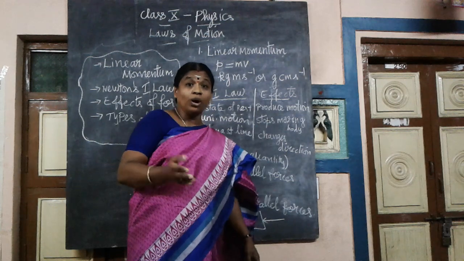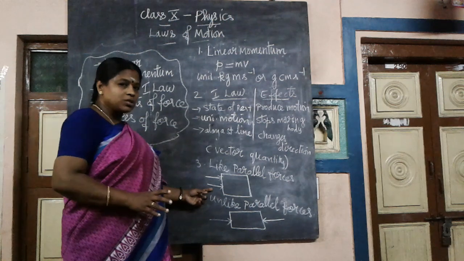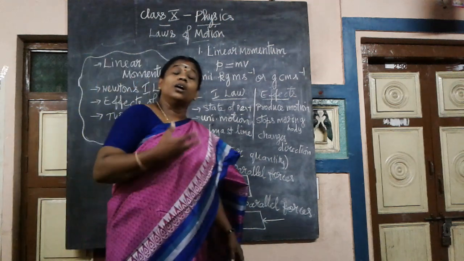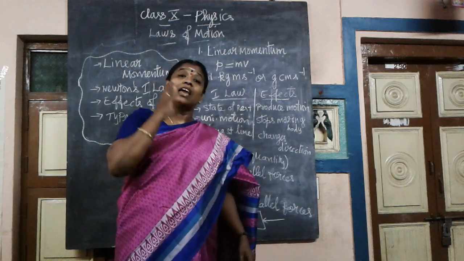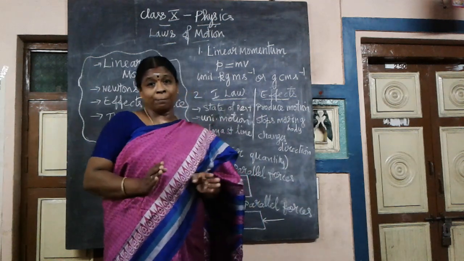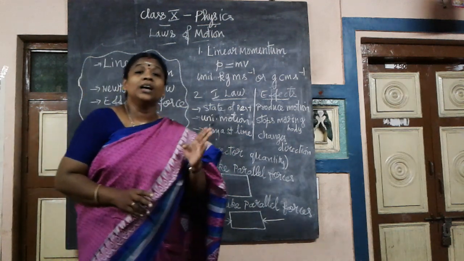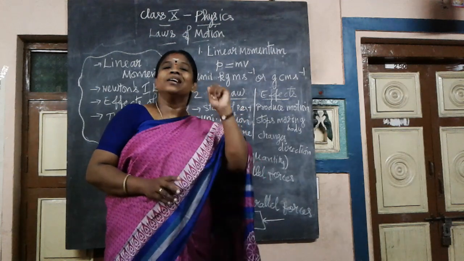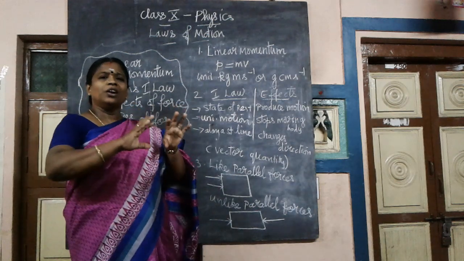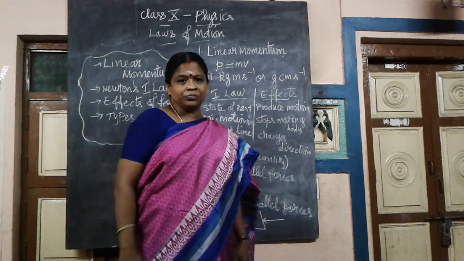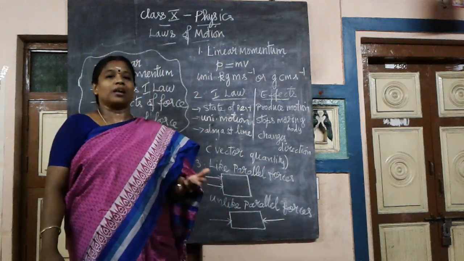When two or more equal or unequal forces, here I represented equal forces only, but it may be unequal forces also, if two forces in general act in the same direction on a body, then that type of forces are called like parallel forces. What is very important? Same direction. One example you can say, right? When many of you join together and push a table, all of you will apply the force in one direction. Then it is called like parallel force.